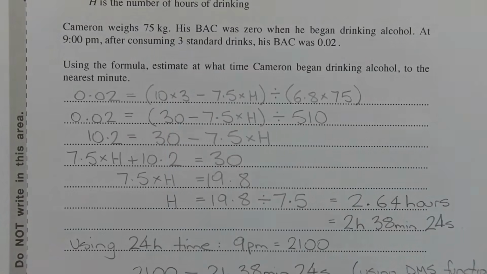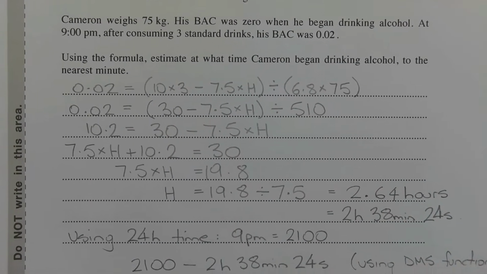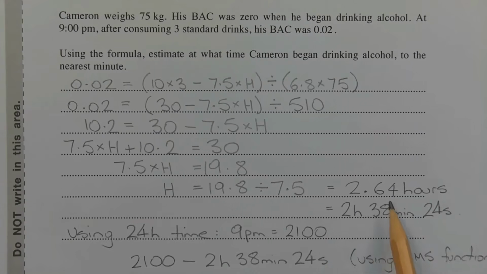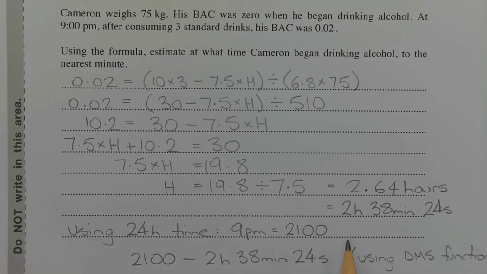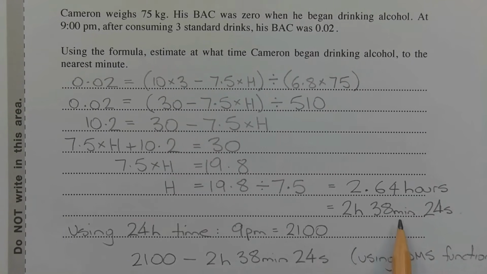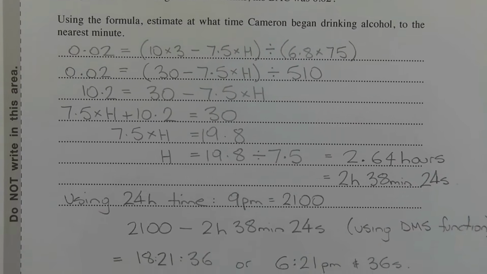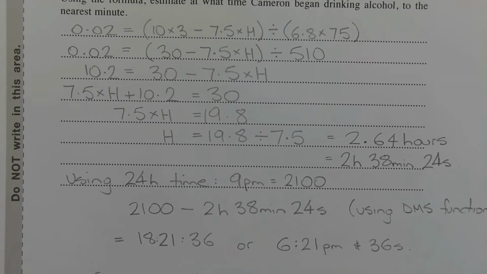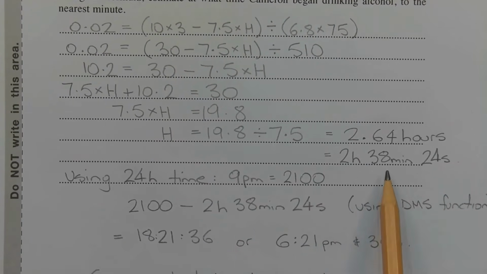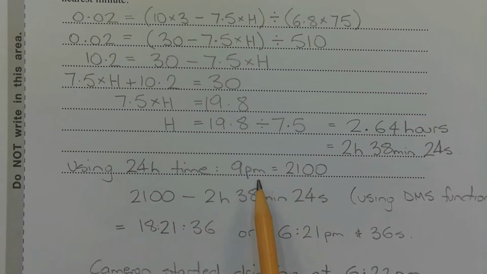And using the degrees, minutes, seconds button on the calculator, which is this button here, or wherever you find that function on the model of calculator that you're using, 2.64 hours is equivalent to 2 hours, 38 minutes, and 24 seconds. Now, whichever method you'd like to use at this point to subtract 2 hours, 38 minutes, 24 seconds from 9 p.m. to find the start time when Cameron began drinking alcohol, I've converted 9 p.m. to 24-hour time.